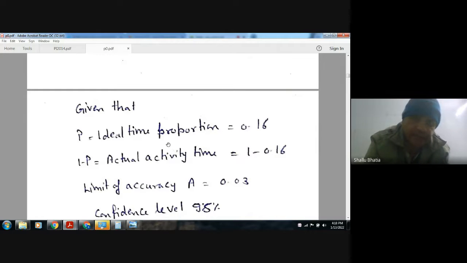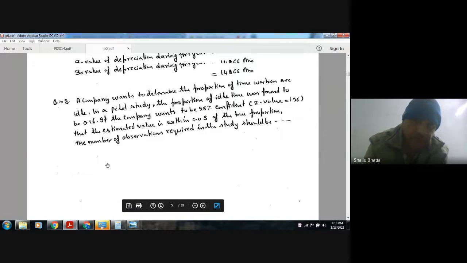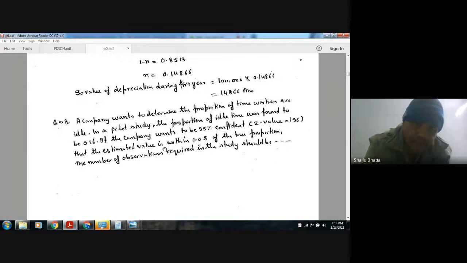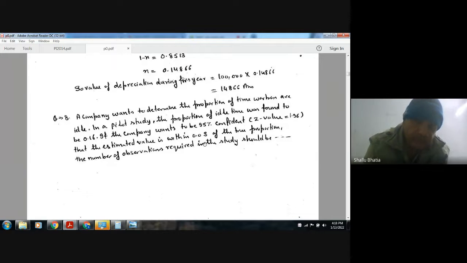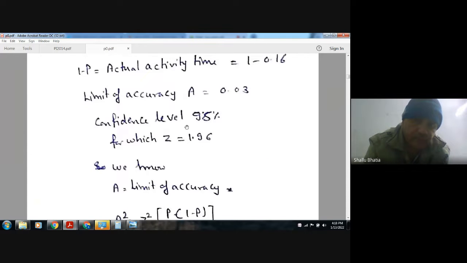Given that the idle time proportion is 0.16, okay, then the activity time will be 0.84. The limit of accuracy, within which we have to estimate the value, should be 0.03, and the confidence level is 95%, so that is your 1.96.